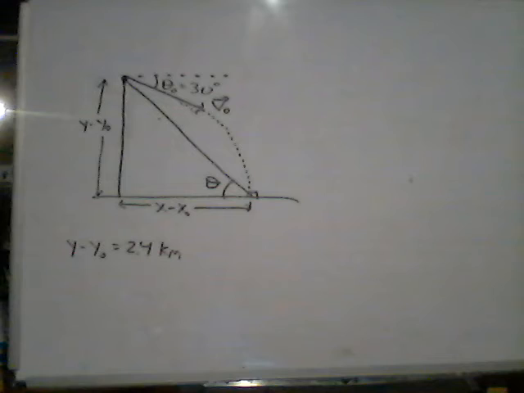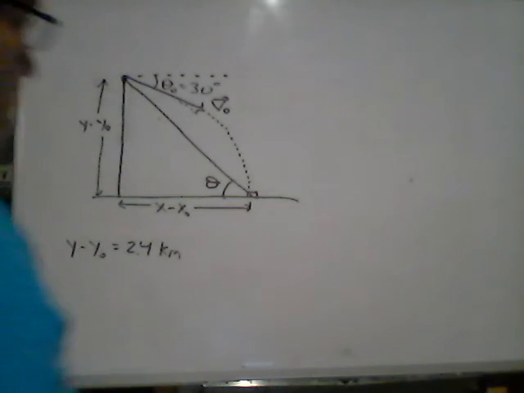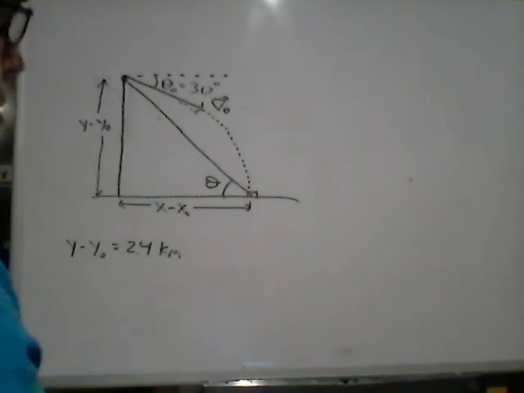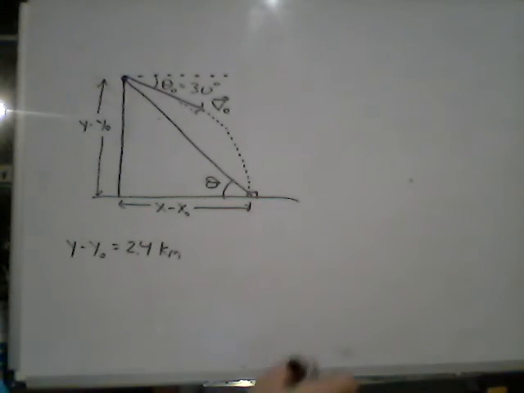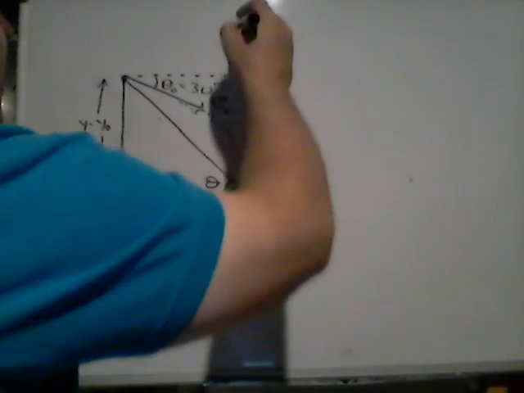All right, and so what do we know? Well, we know that there's going to be an initial component of velocity for the flare being fired. The component of velocity that remains constant, the horizontal component of velocity, we'll call that V naught sub x.